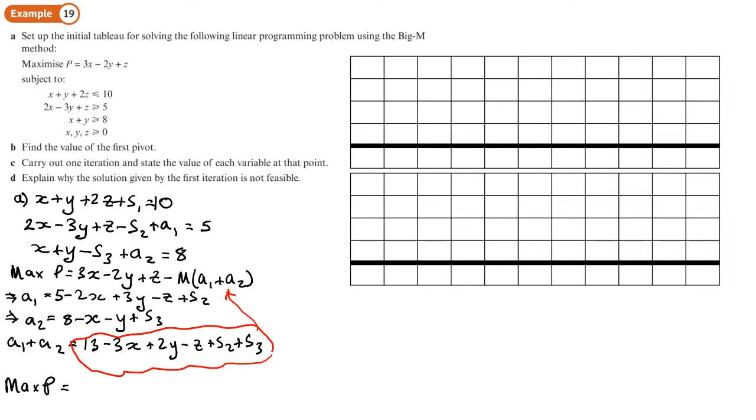So it'll probably be easier to do it as we go along rather than write it down then multiply it out. So we've got 3x minus 2y plus z. Right, so let's multiply each one of these by negative m. So, and then we'll collect the terms.